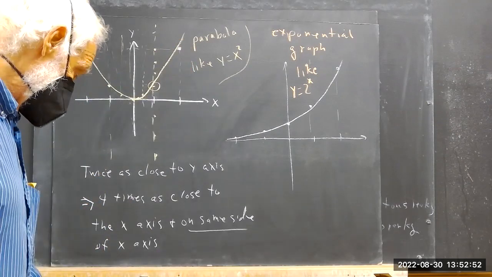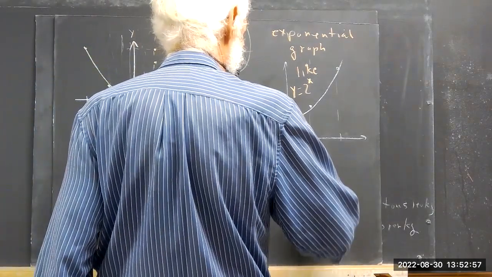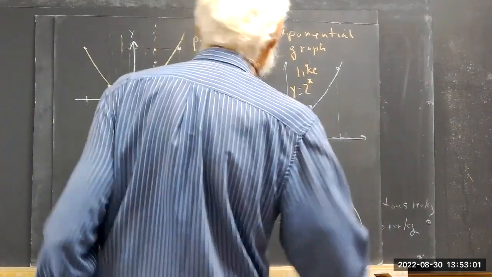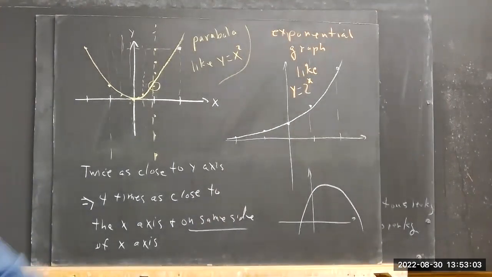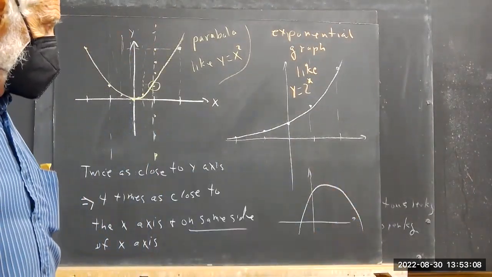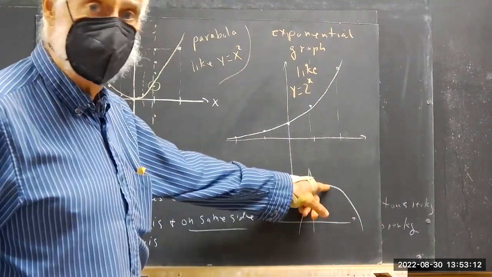In business, for example, I don't want to emphasize business, but turn this thing upside down and move it over a little bit. That curve could tell you the price you should set to maximize your profits.